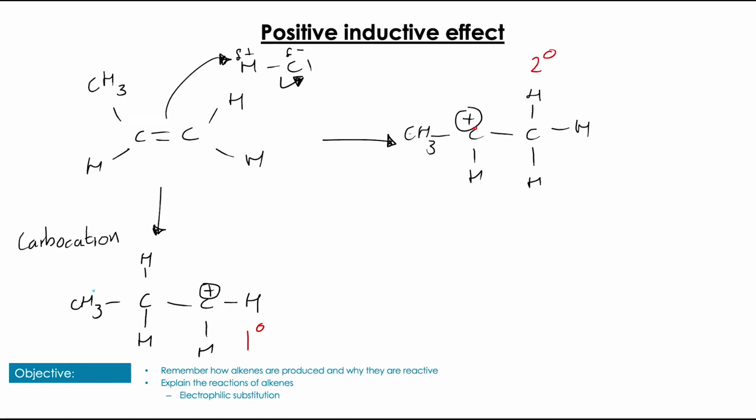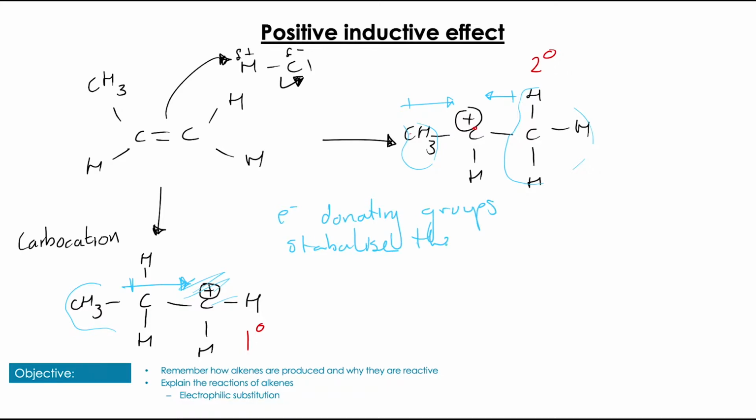Now, what the positive inductive effect tells us is that the electrons from the rest of the molecule, when there's a positive charge, start shifting towards that positive charge, and they try to neutralize that charge and stabilize it. So the more electron donating groups we have next to a carbocation intermediate, the more stable it will be.